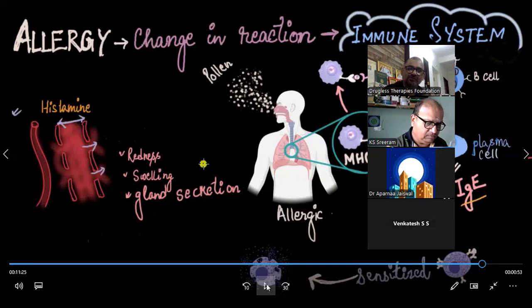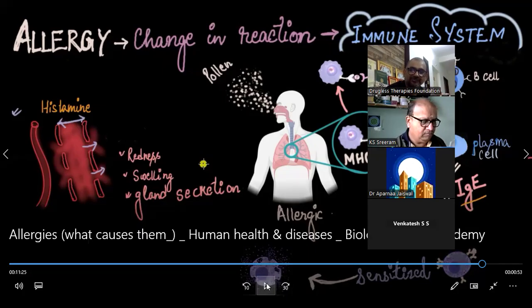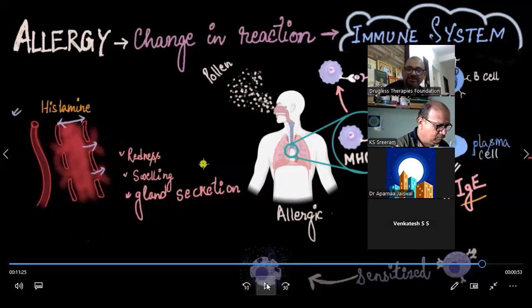With that same allergen, what we do is we potentize it, make it in a small quantity, and we give it. That reaction happens, and our body remembers and again fights. This is what is happening here. So this is how our homeopathy, or you can say vibrational therapy, works.